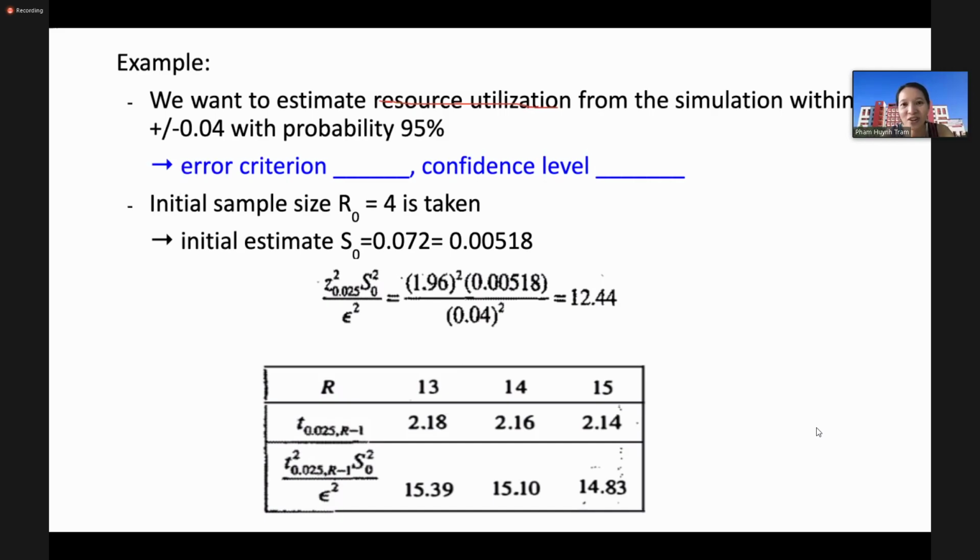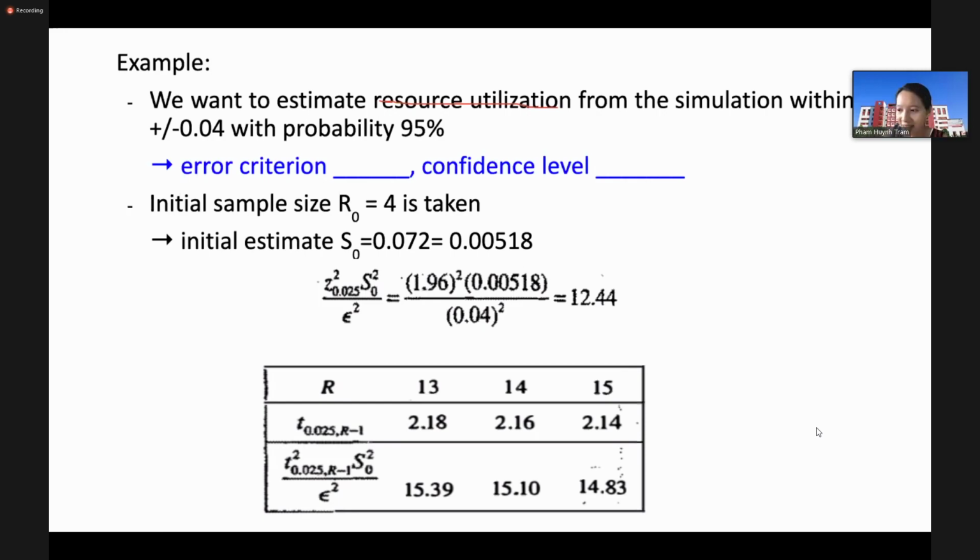Resource utilization is a percentage, so we want an estimation that's within 4%, with a probability of 95%. So we want our prediction with a very high confidence level.